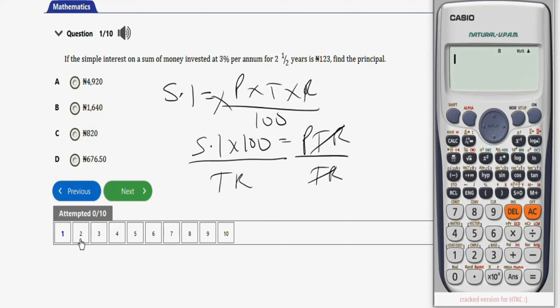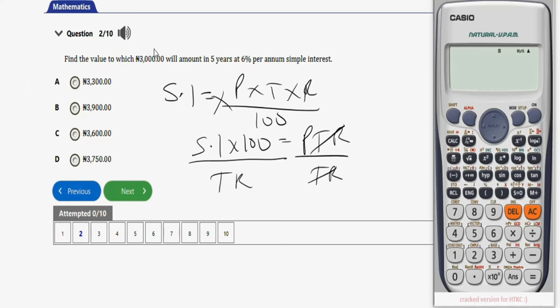Let's look at the next question. It says find the value to which 3,000 naira will amount in 5 years at 6% per annum simple interest. To solve this question, we need two things: the simple interest and the principal. We add them together to get the result.